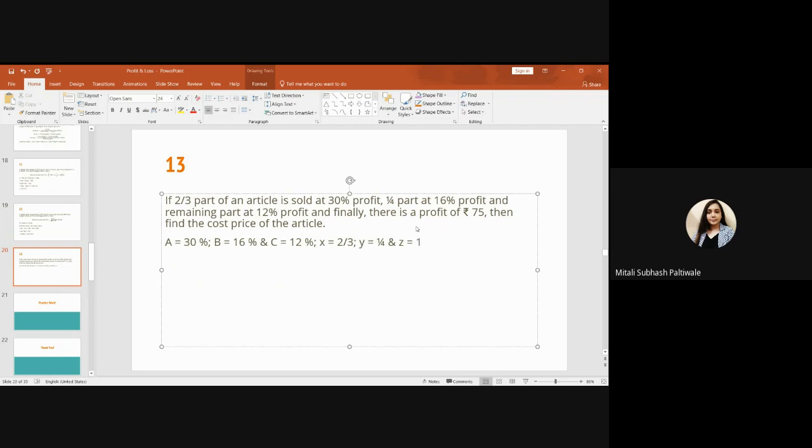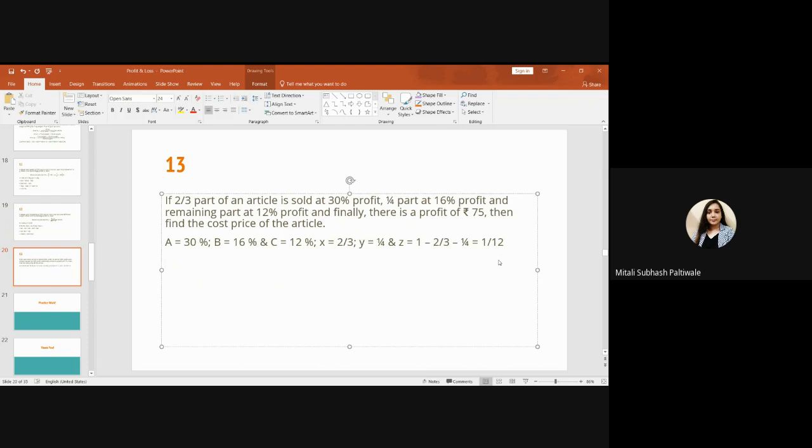That would become 1 minus 2 by 3 minus 1 by 4. This will give me the answer 1 by 12. Z is equal to 1 by 12 because this is the entire article. Now 2/3 part of that article, and 1/4 of the part, and the remaining part is the 1/12th part. Okay, so that's it.